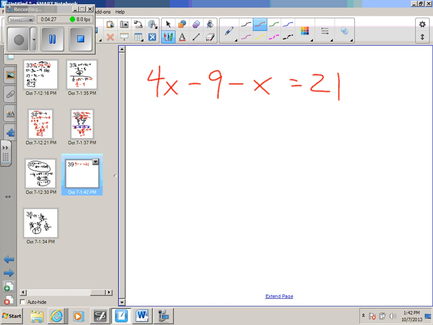Give it a shot. 4x, negative 1x. How many x, Alex? 4 minus 1? 3x, right? Okay. And then negative 9. Add 9 to both sides.